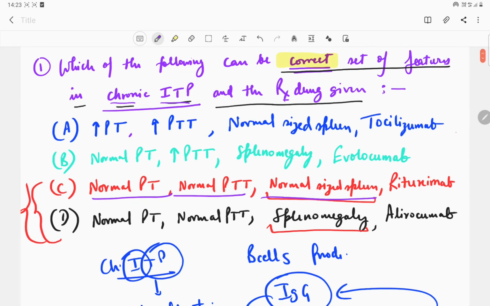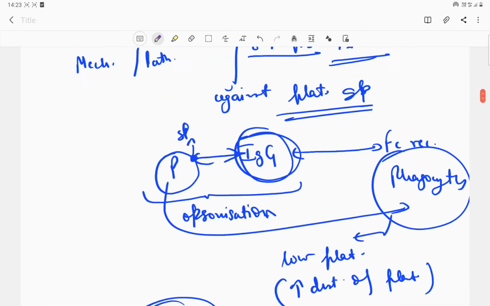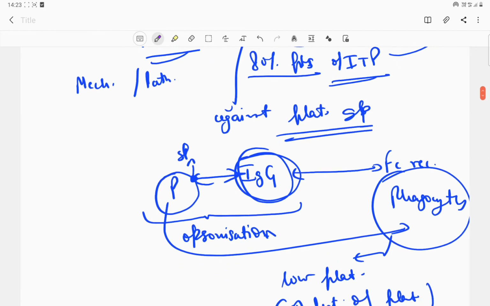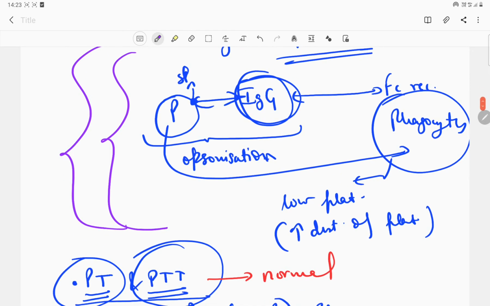But the treatment given here is rituximab. What is this rituximab? We can find this by thinking about the treatment which should be given in ITP, by looking at the mechanism and pathogenesis of ITP.